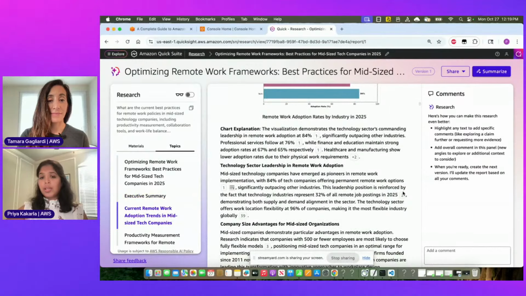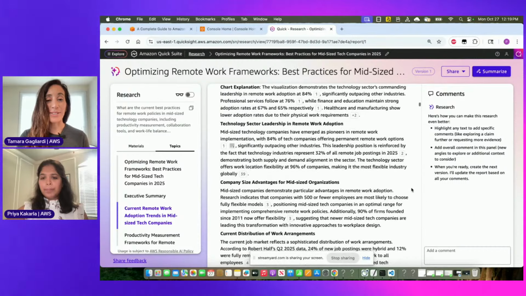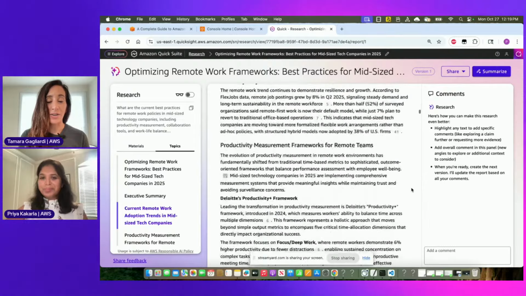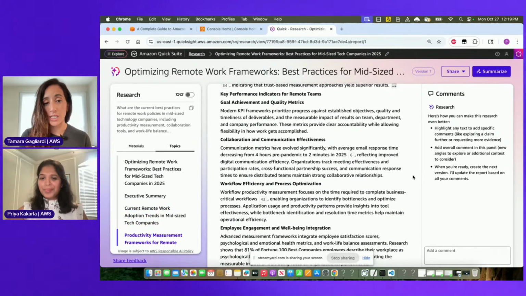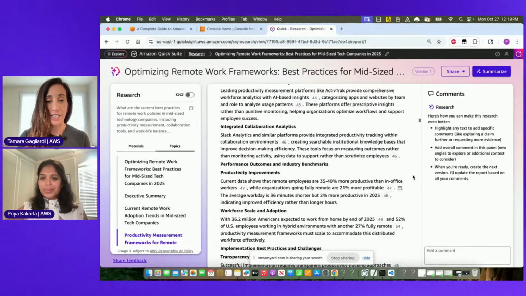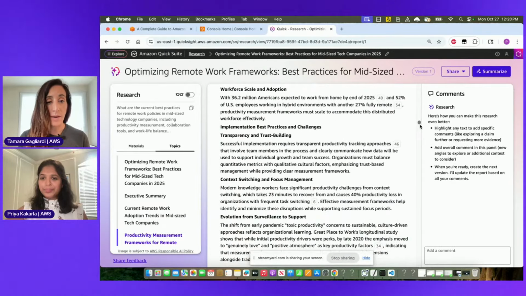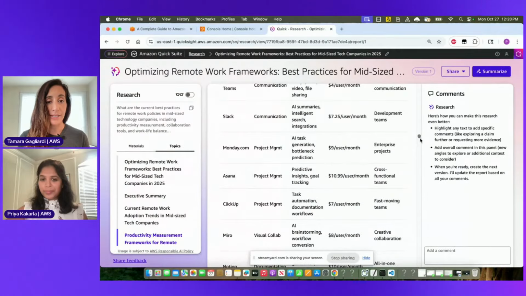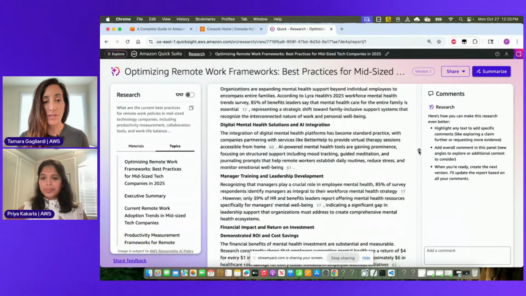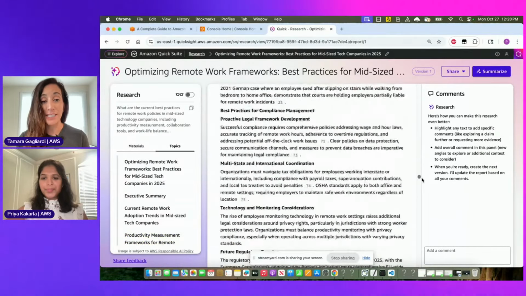Tamra, imagine us doing this manually, how long it would take for you. Yeah, because as you said, it's combining not only your corporate data, in this case fictitious, but also web data, which in the past I would have had to go to a browser. I would have probably 15 different tabs.